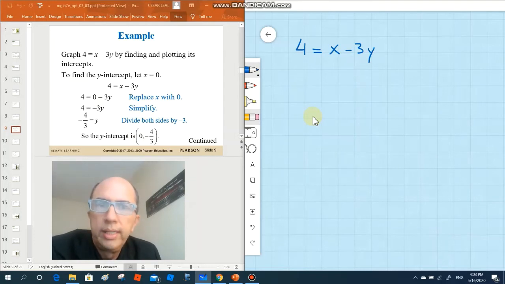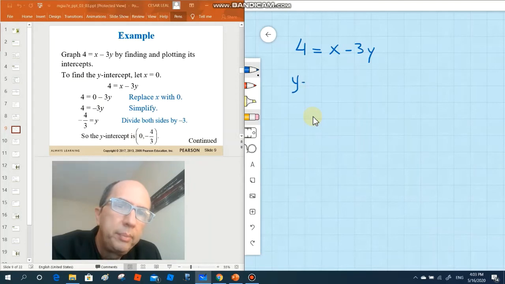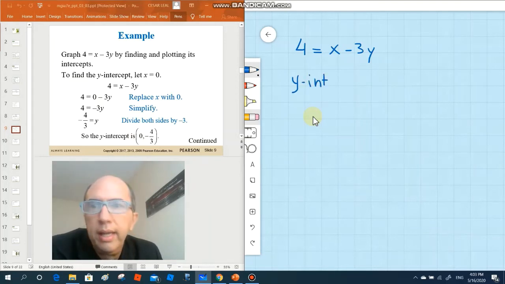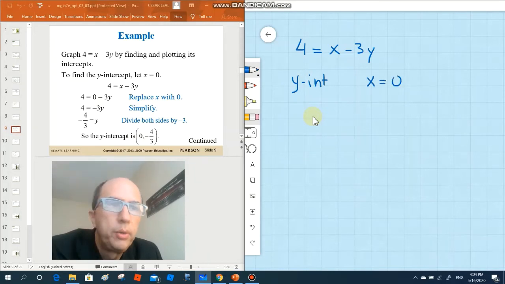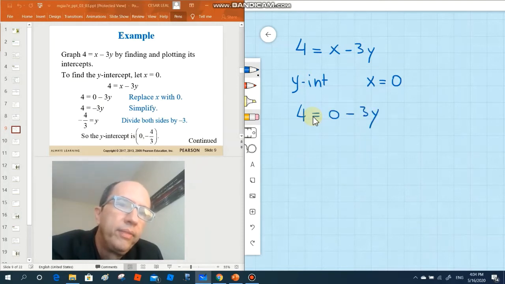So we learned that to find the y-intercept, we make x equals 0. So 4 equals 0 minus 3y. Here, let's use the multiplication property, divide both sides by negative 3.